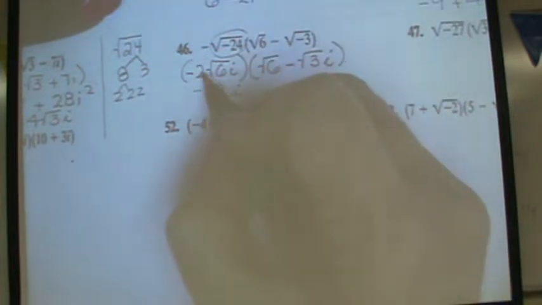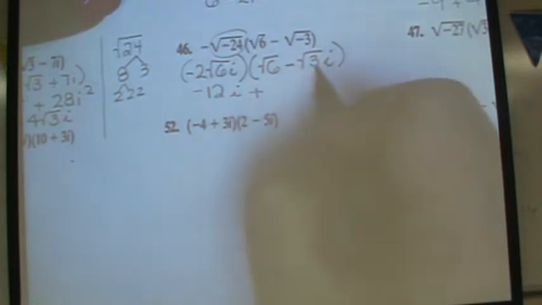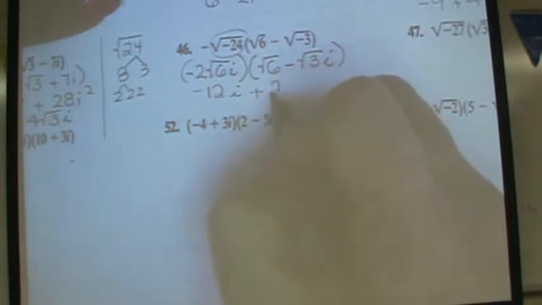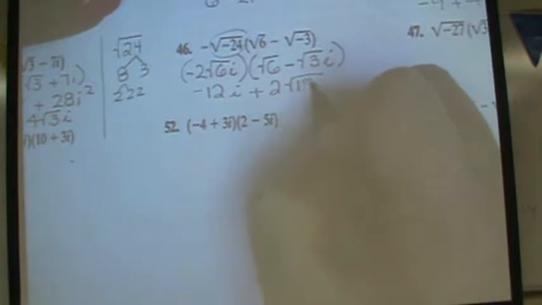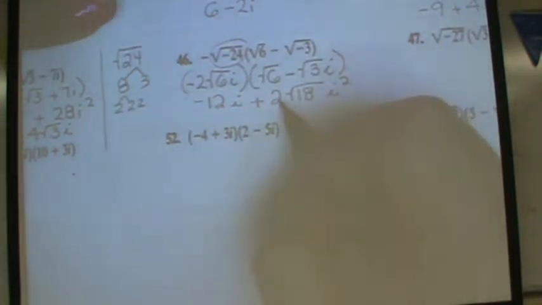And then a negative times a negative is a positive. And then this is going to give you, right here, so the negatives cancel. So you have 2 root, this is 18i squared. Well, the i squared is going to be negative 1, so that's going to make that a negative 2.